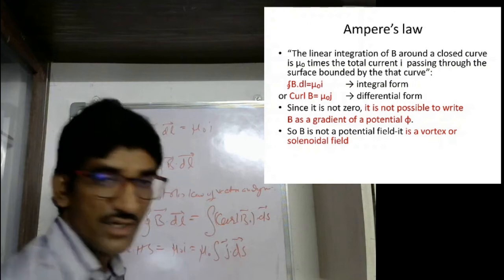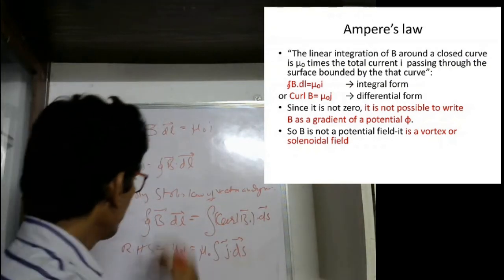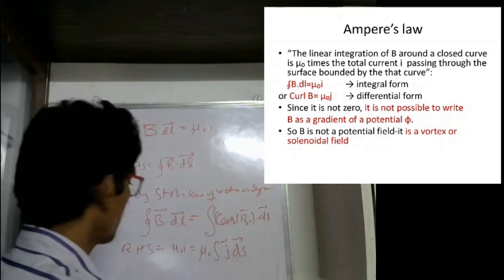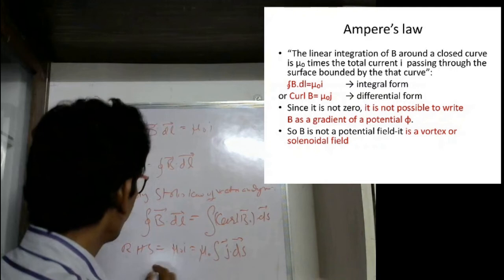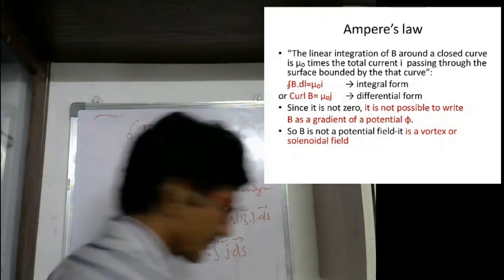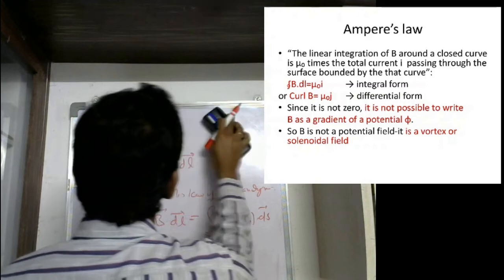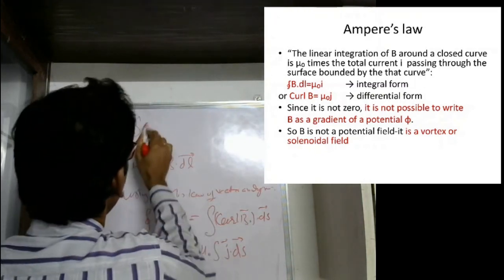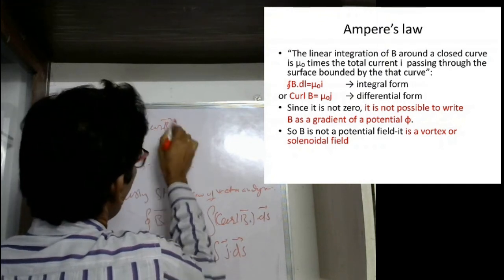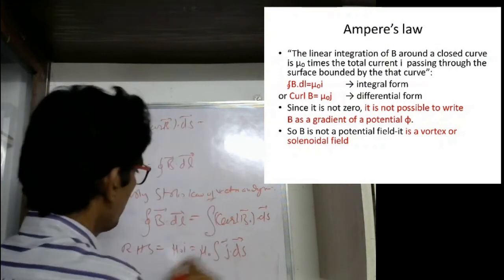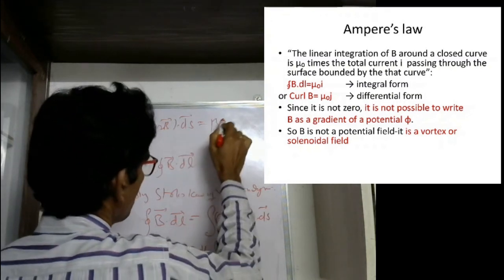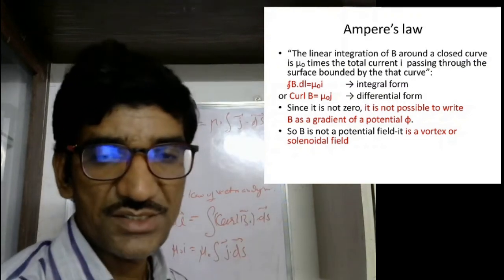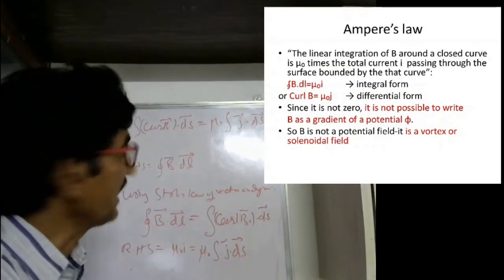Whenever you substitute the LHS and RHS values in the integral form of Ampere's law, you have the integral of curl B dot ds is equal to mu naught times the integral of j dot ds.